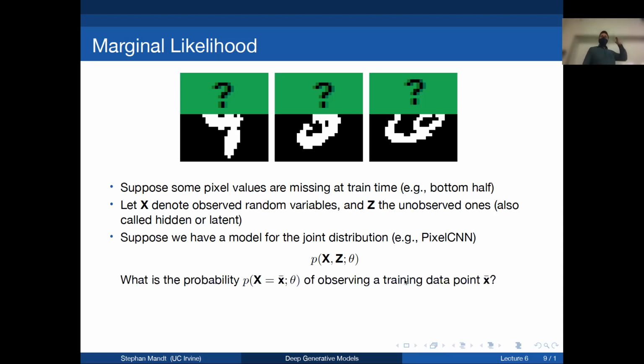What we could then do is still use the maximum likelihood training paradigm. Because there's some part of the image that we simply don't have access to, the most natural thing to do is to aim for maximizing the so-called marginal likelihood, which is P of X independent of Z. Summing over all possible completions of the image and still trying to maximize the likelihood of the observed part of the image.